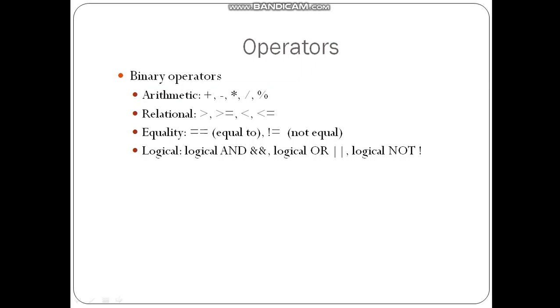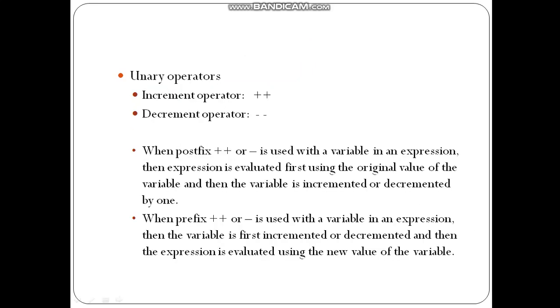Now we will discuss the unary operators used in C language. The first one is the increment operator, with plus plus as its symbol, then the decrement operator, minus minus. The increment and decrement operators can be used in two ways: postfix and prefix.